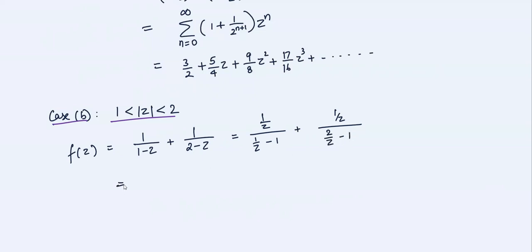You just have to think of how to expand. Now, because z is less than 2, 2 by z will be greater than 1, so you need not do this one.